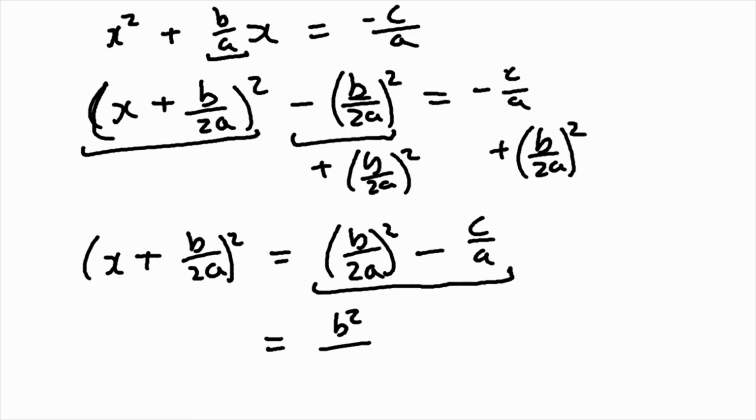So we're going to have b squared over 4a squared. And if we want to make it over a single fraction, we have to have this over 4a. So on top, we're going to gain that 4a. Because we've already got one there, we need to multiply it by on the top if we're dividing by it on the bottom.